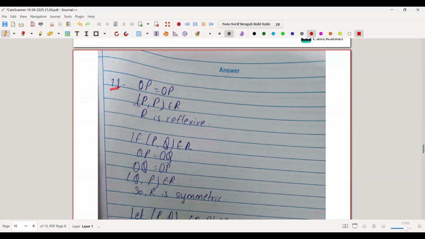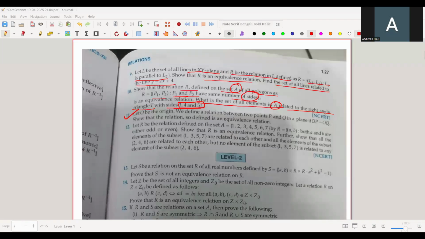OP equals OP, so (P, P) belongs to R. Where is P coming from? P is coming from the set mentioned here. P is coming from a plane.